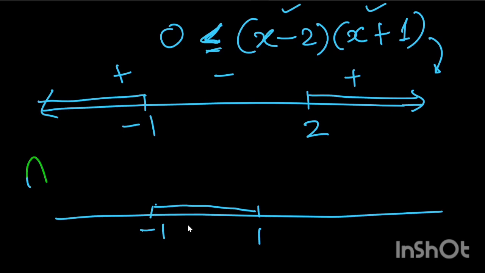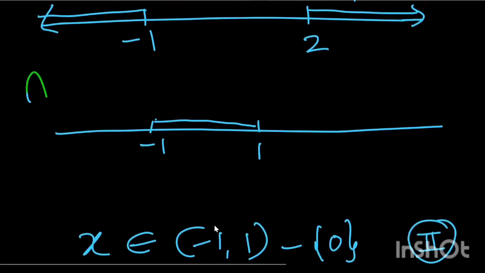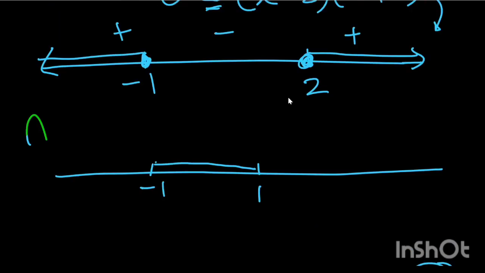Okay, so what we will get in this case, guys, taking intersection, as you can see here, minus infinity to minus 1, nothing is here. Now here minus 1 to 1, nothing is here. 2 to infinity here, but here there is nothing.